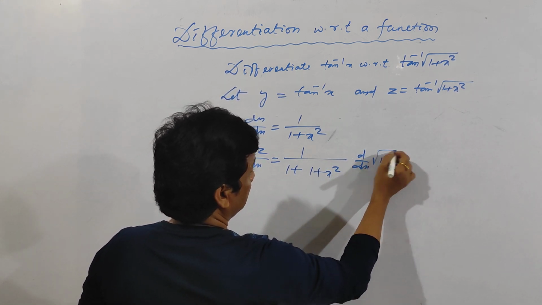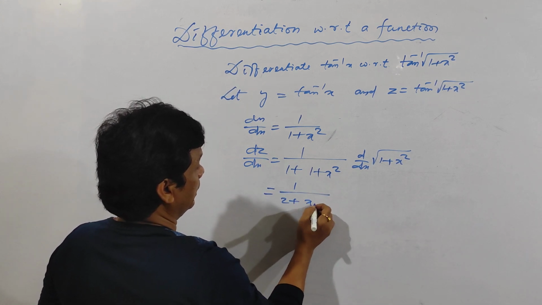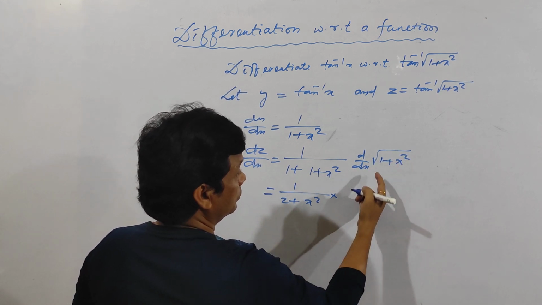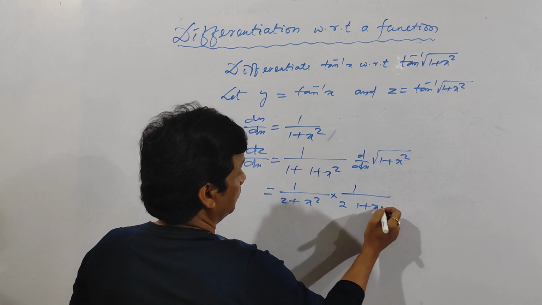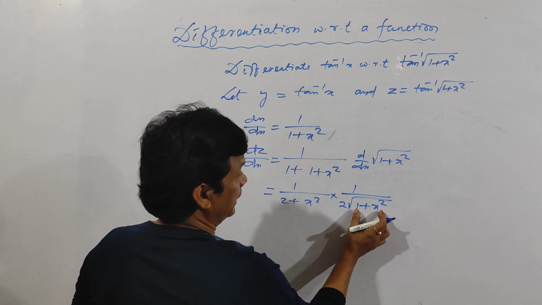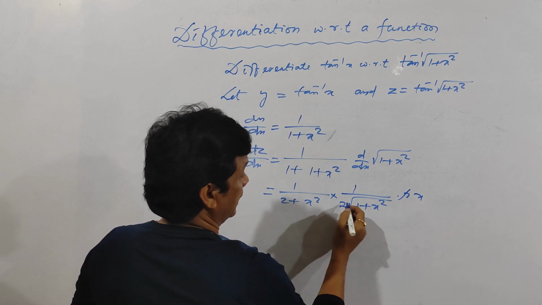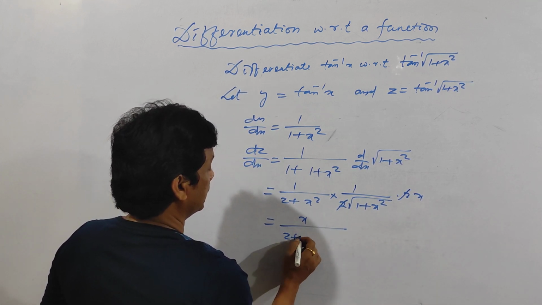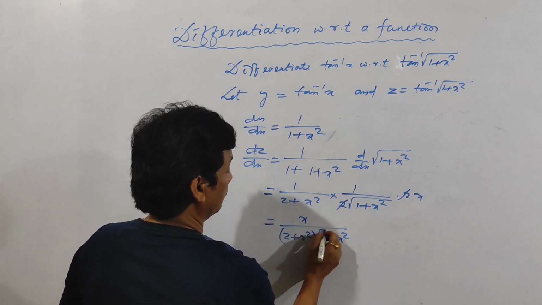The derivative of root u is 1 by 2 root u into du by dx, and du by dx is 2x. So 2 cancels out, and it remains x by 2 plus x square into root over 1 plus x square.